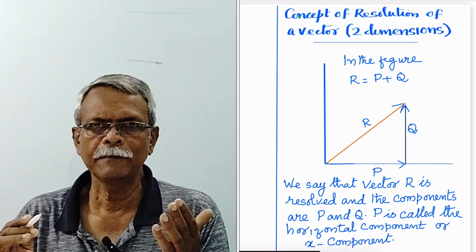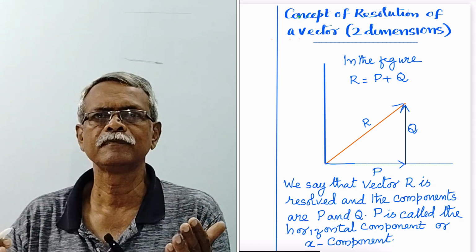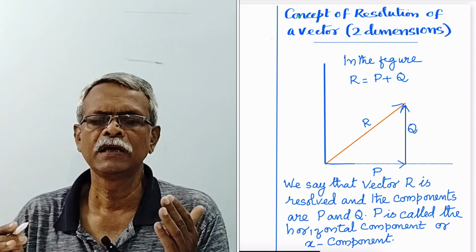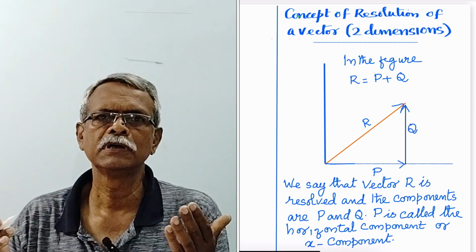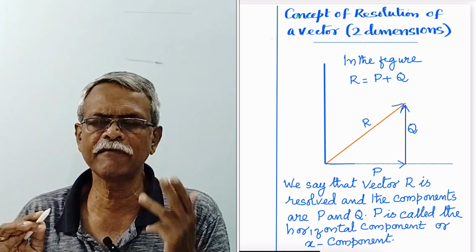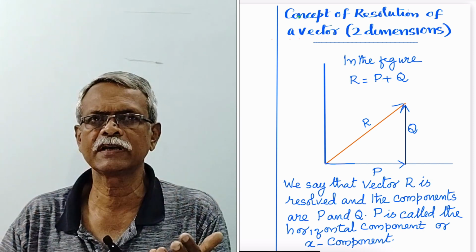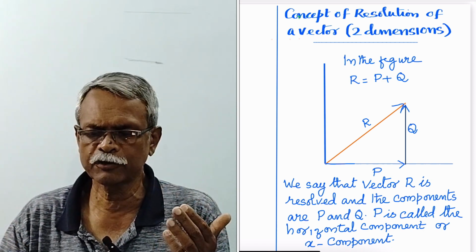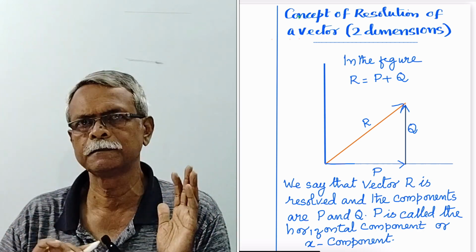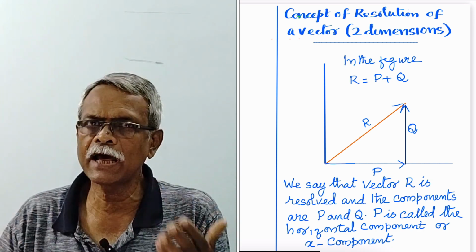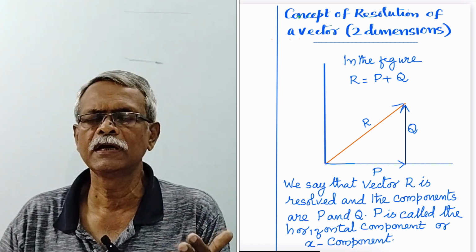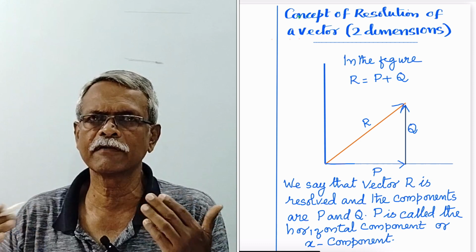In two dimensions, any vector can be represented as a combination of any other two vectors. That is, if you have three vectors, the third vector can always be expressed as a combination of the other two vectors. If it is in three dimensions, any vector can be represented as a combination of three other vectors.